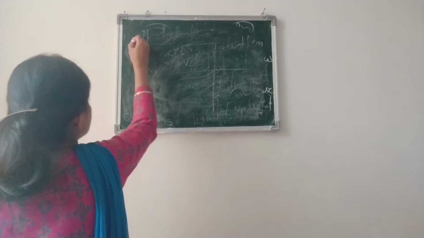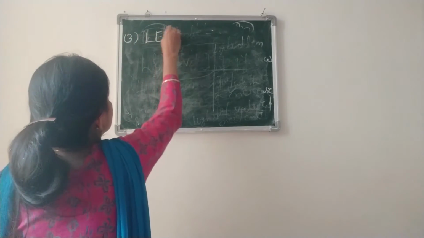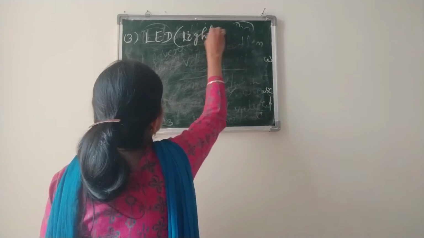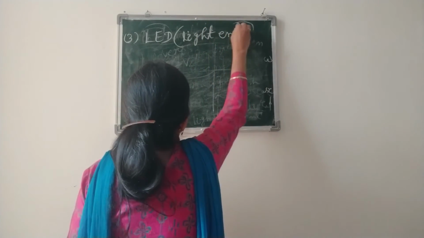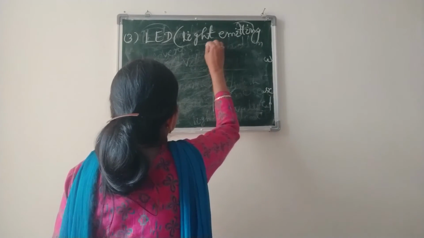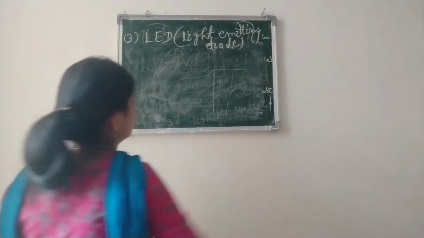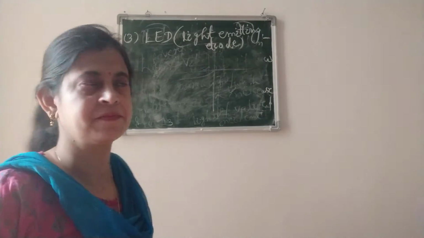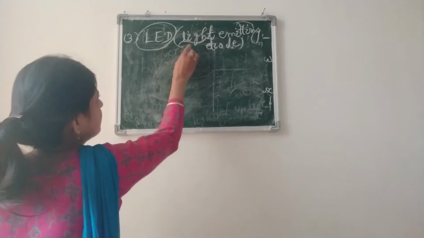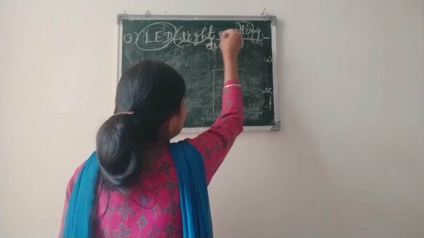Now come to the next, that is the LED, which is called a light emitting diode. This is also related with light, but this will emit light.